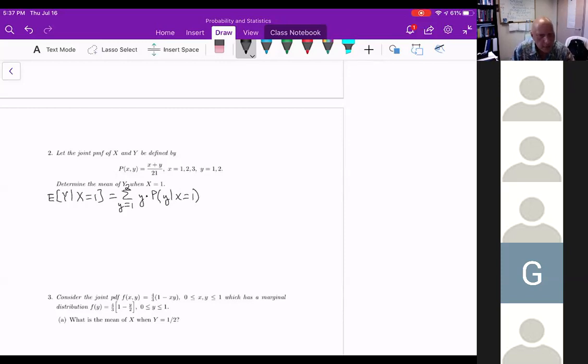Now, we don't have that conditional PMF yet, so we need to get that. The marginal I'm going to do up here. So we need the probability of x, and that means we're going to sum out y.